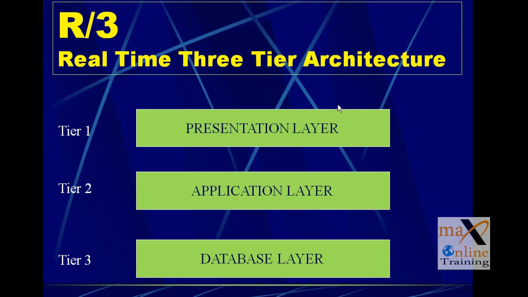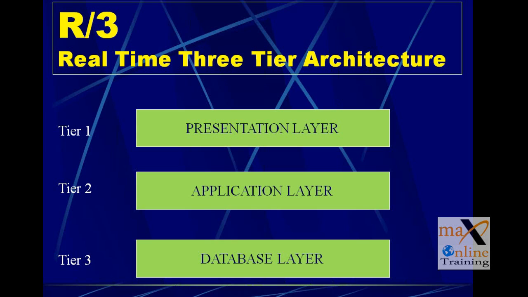So this is the major difference between R2 and R3 actually. See, as we are working as functional consultants, it is not required to know each and everything, like what you mean by server, what you mean by layer, what you mean by cube. It's not all required for us. Why? Because we are working as functional consultants.